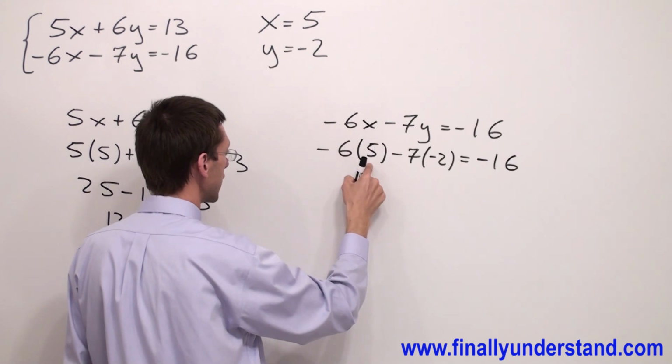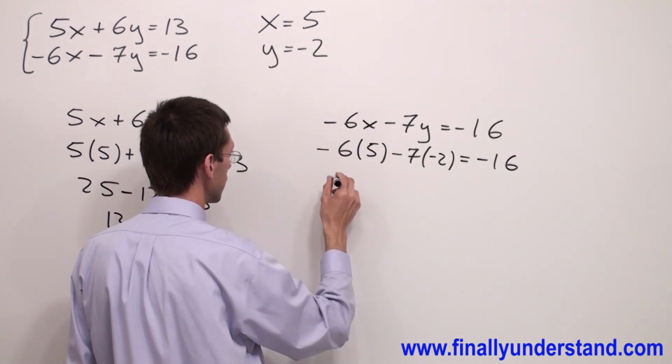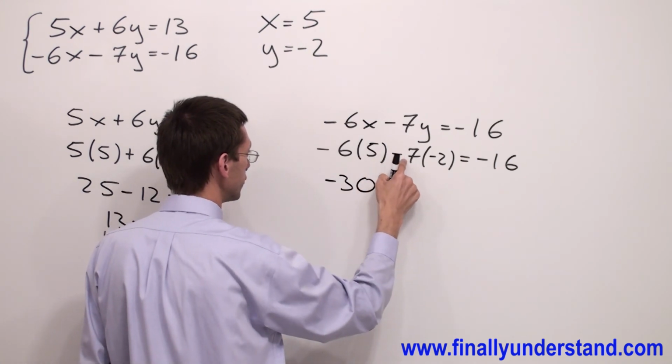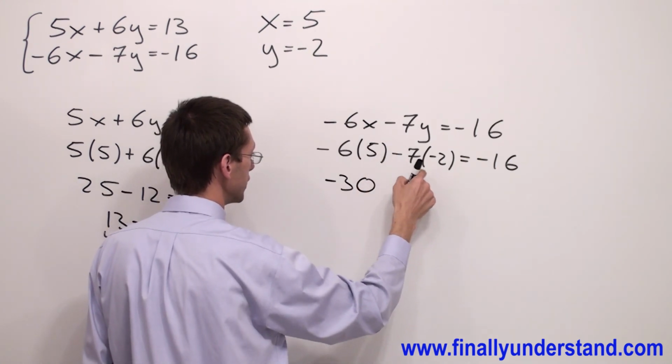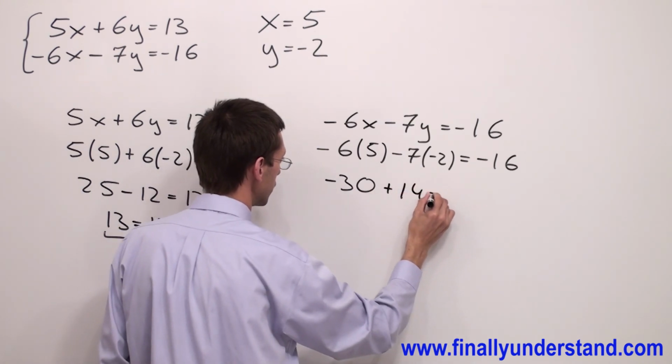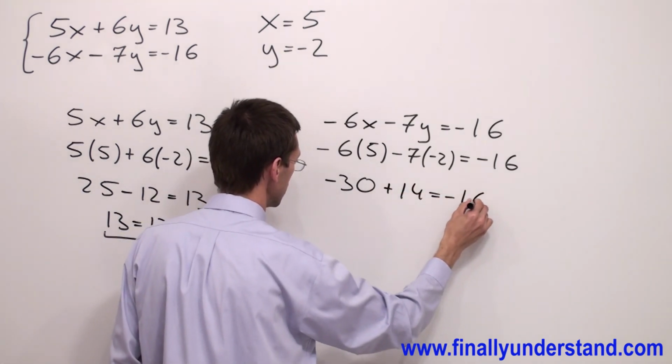Negative 6 times 5 is equal to negative 30. Negative 7 times negative 2 gives me positive 14, equals negative 16.